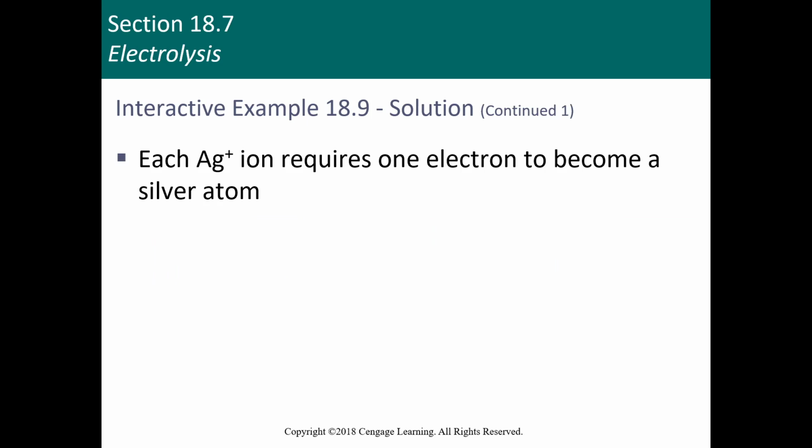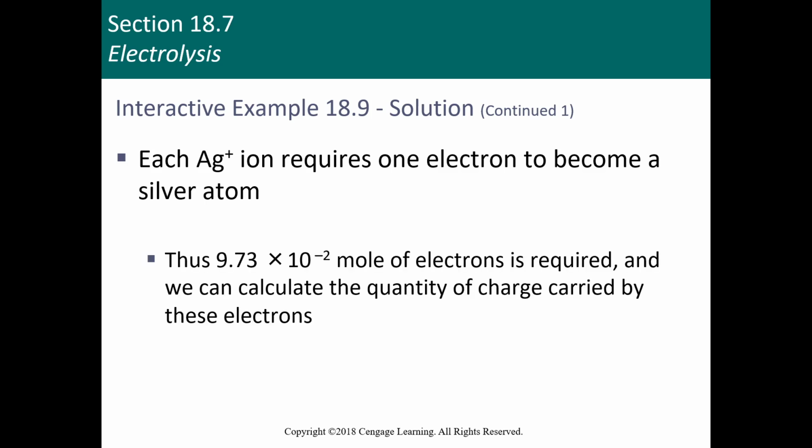So each Ag+ ion, to become neutral, which would be our metal form, will have to gain one electron, won't it? So each Ag+ ion will need one electron. Thus, we'll need 9.73 times 10 to the negative 2 moles of electrons to give you that 10.5 grams of solid silver.